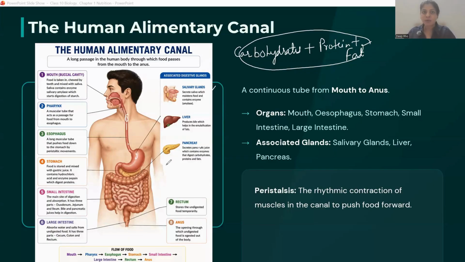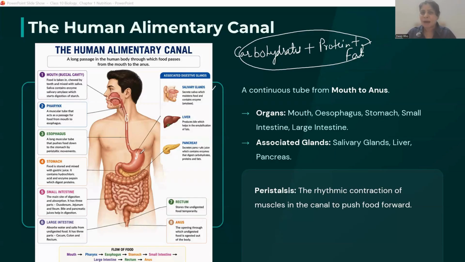So what they are going to do is pour their secretion, the pancreatic juice, into the small intestine. They help in the final digestion that occurs in the small intestine. So the main site of digestion is the small intestine, with the help of pancreatic juice and the liver, which secretes bile.